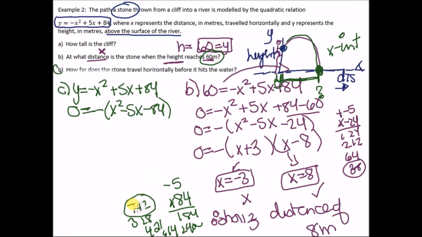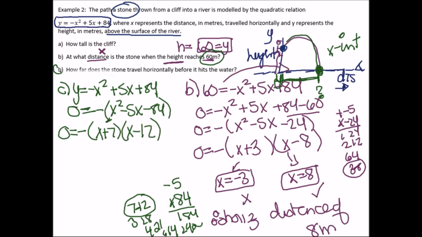We're going to put the negative on the bigger number. So we get 0 equals negative, and because the coefficient here is 1, we can just put x plus 7, x minus 12.